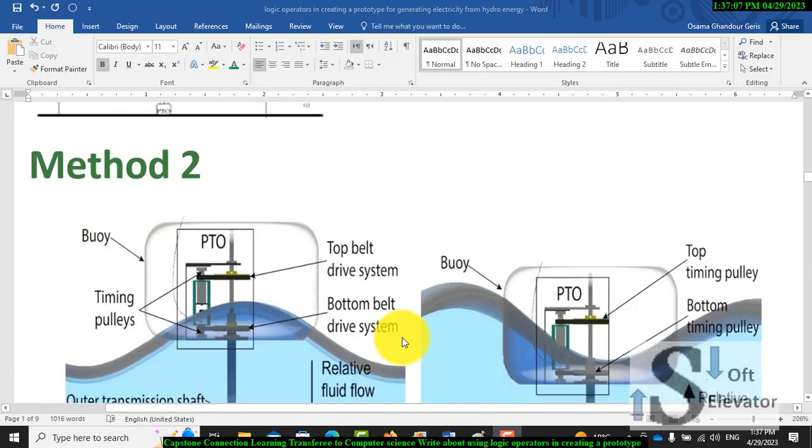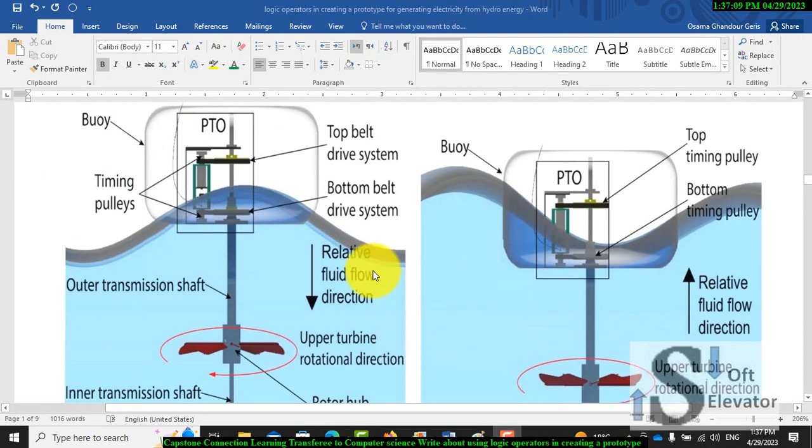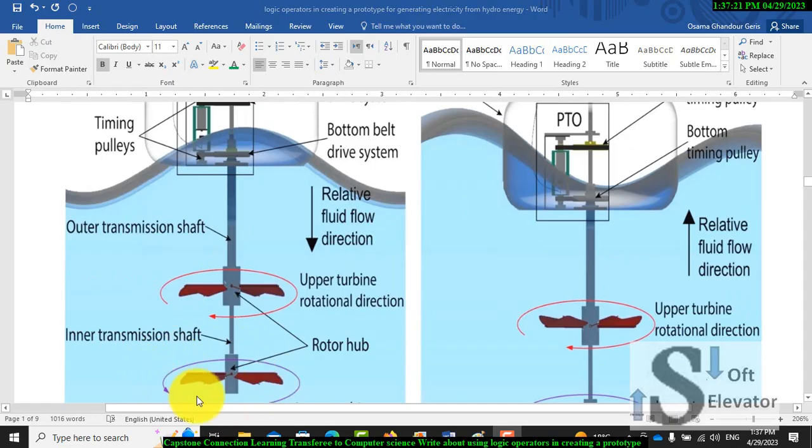and second method here we have, this is the piston, and we have two pistons, the inner piston or inner shaft and the outer shaft. The inner shaft will rotate this in one direction, and the outer shaft will rotate the turbine in the reverse direction.